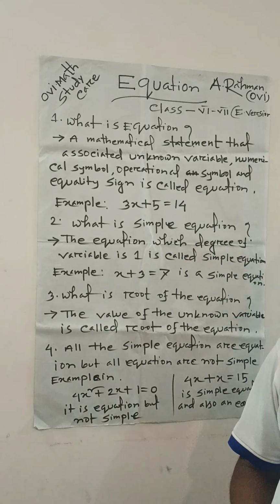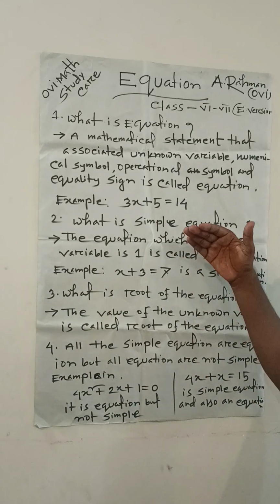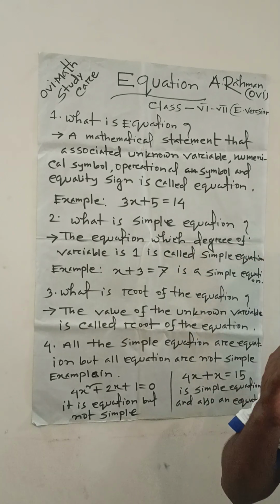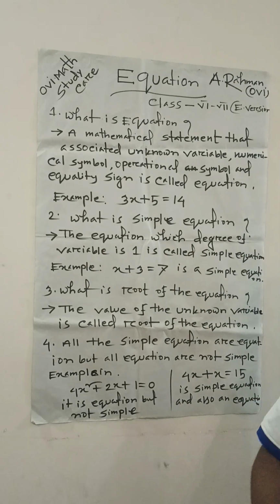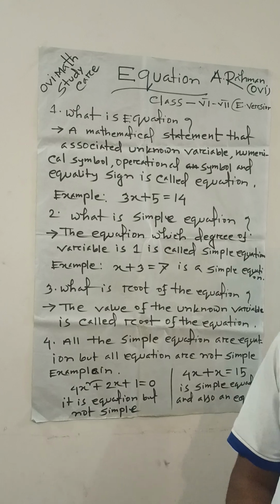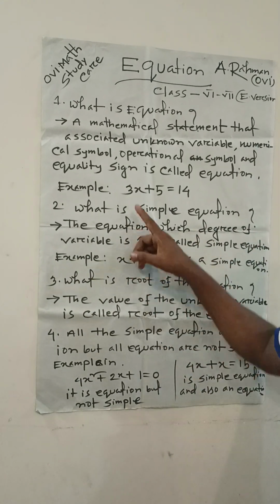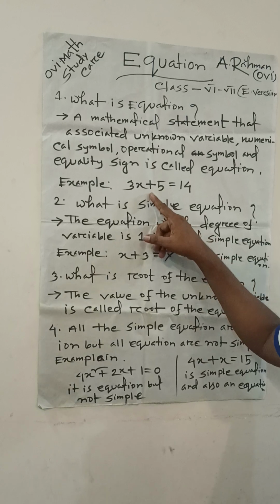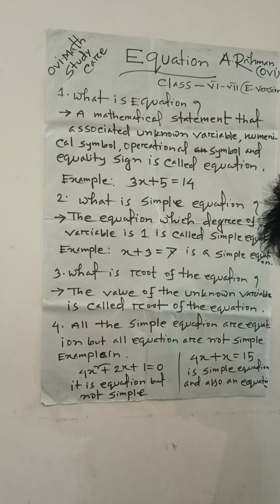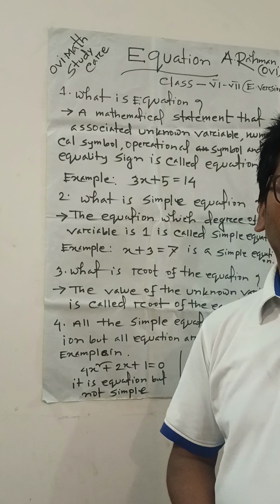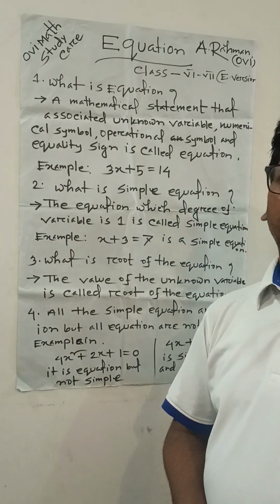At first we have to know how many kinds of symbol there are in our mathematics. In our lower class 4, 5 or 6, we have known there are three kinds of symbol: numerical symbol, operational symbol, and relational symbol. There are 10 numerical symbols in our mathematics, 0 and 1 to 9.